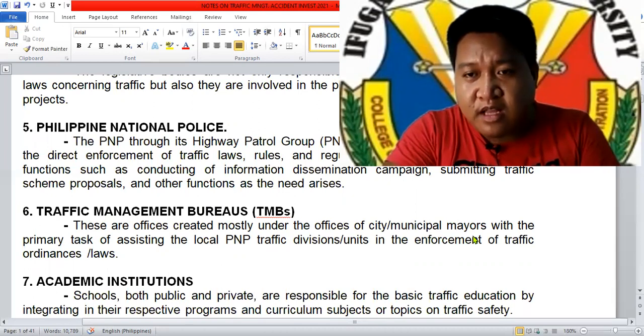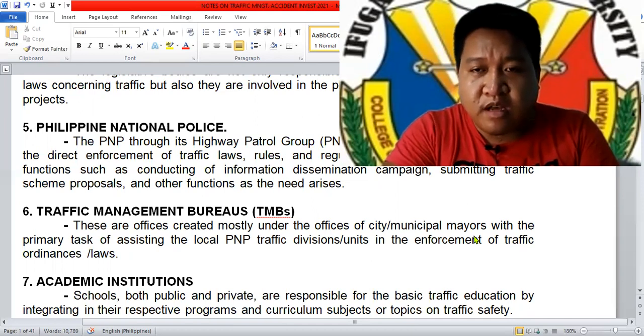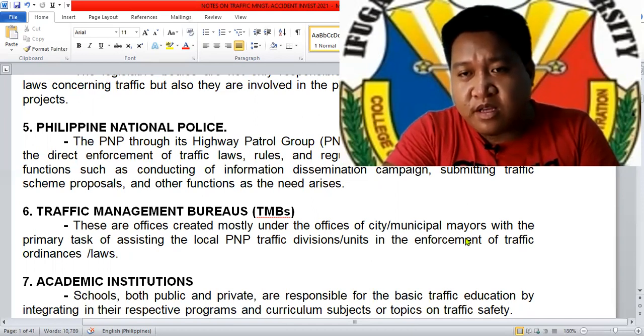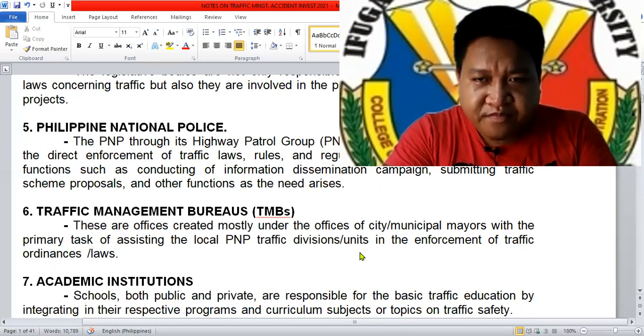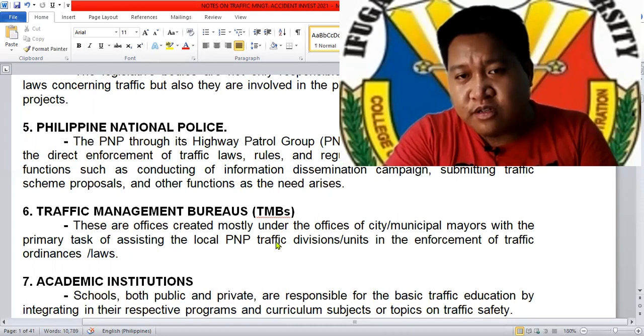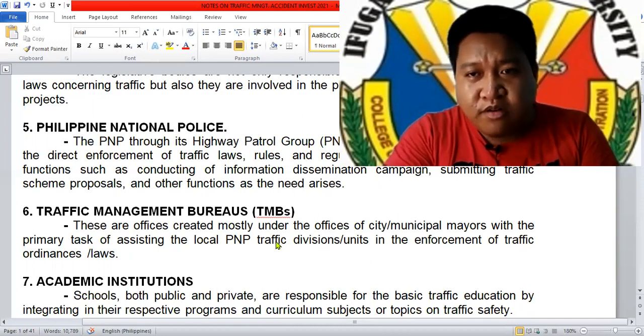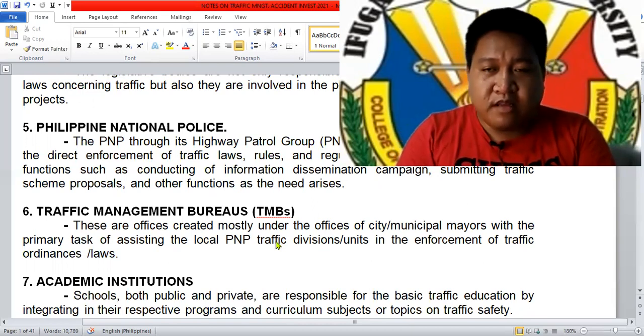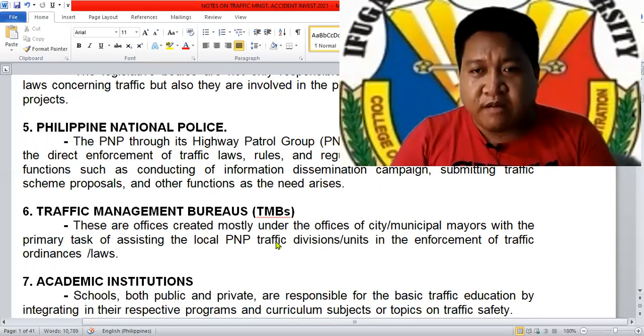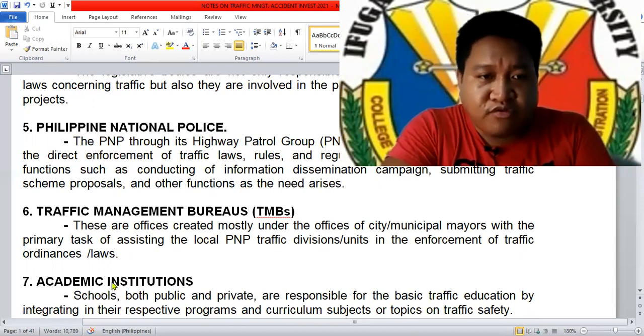So sa atin sa Alista, we have the Alfonso Lista Public Order and Safety Office, or the Alpos, okay? Sa iba, POSO, Public Order and Safety Office. So, iba't ibang klase ng pangalan, but generally they are called traffic management bureaus of the LGUs.